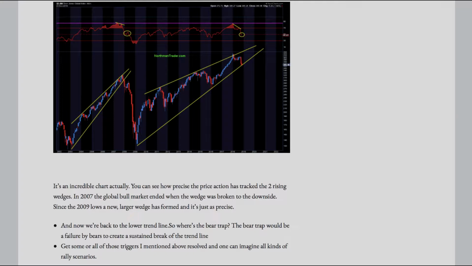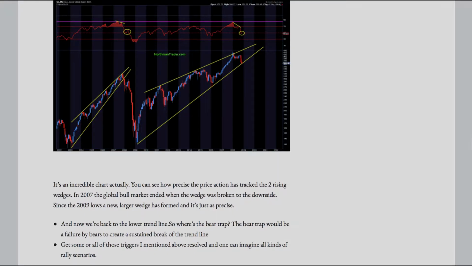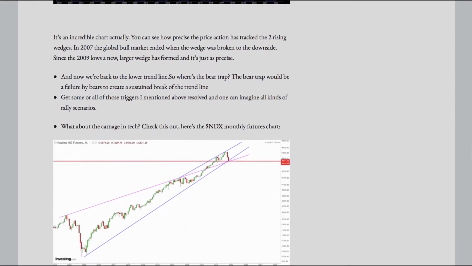And now we're back to the lower trend line. So where's the bear trap? The bear trap would be a failure by bears to create a sustained break of the trend line. Get some or all of those triggers I mentioned above resolved, and one can imagine all kinds of rally scenarios.